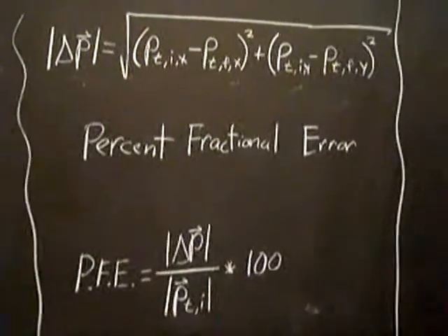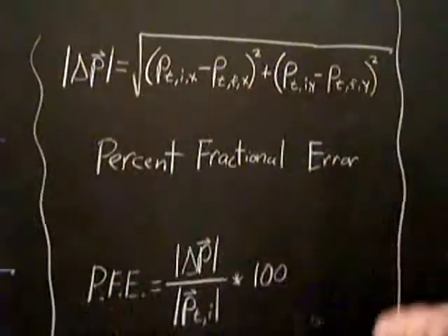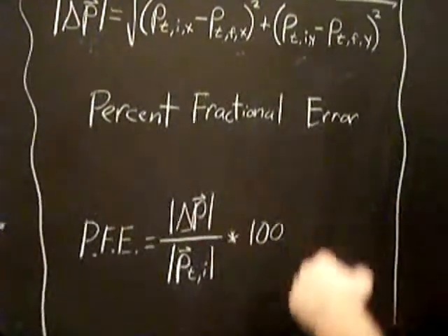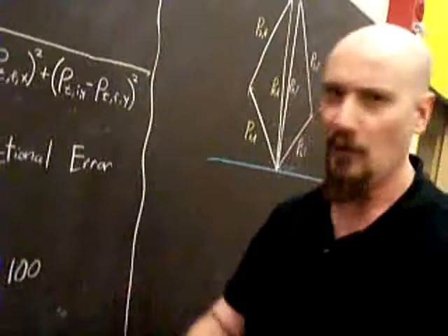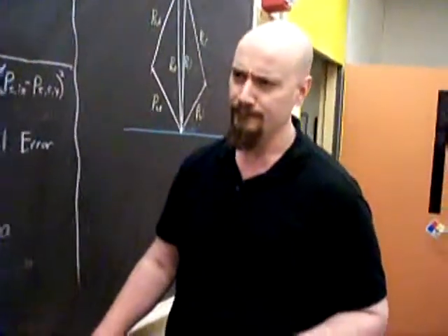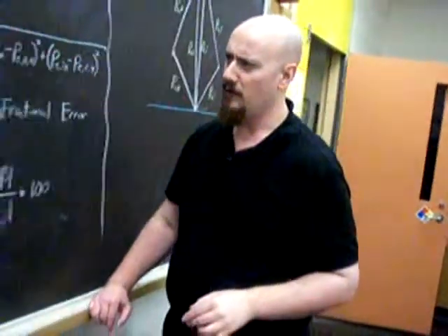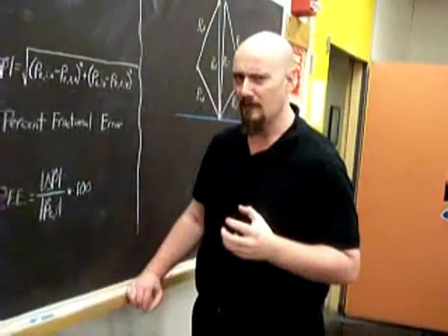Then let's grab the percent fractional error. Use that same magnitude you just found, divided by the magnitude of the total initial momentum, multiplied by 100. That's one way to examine our data.